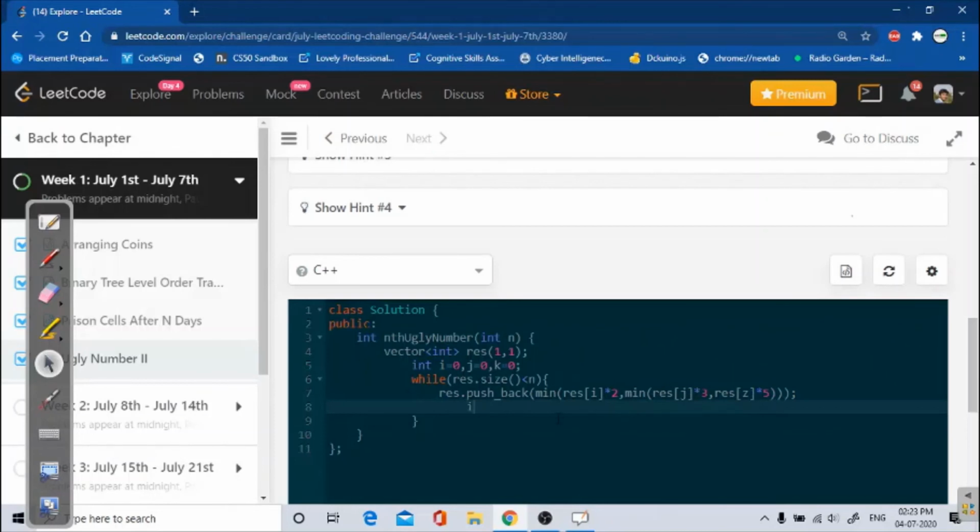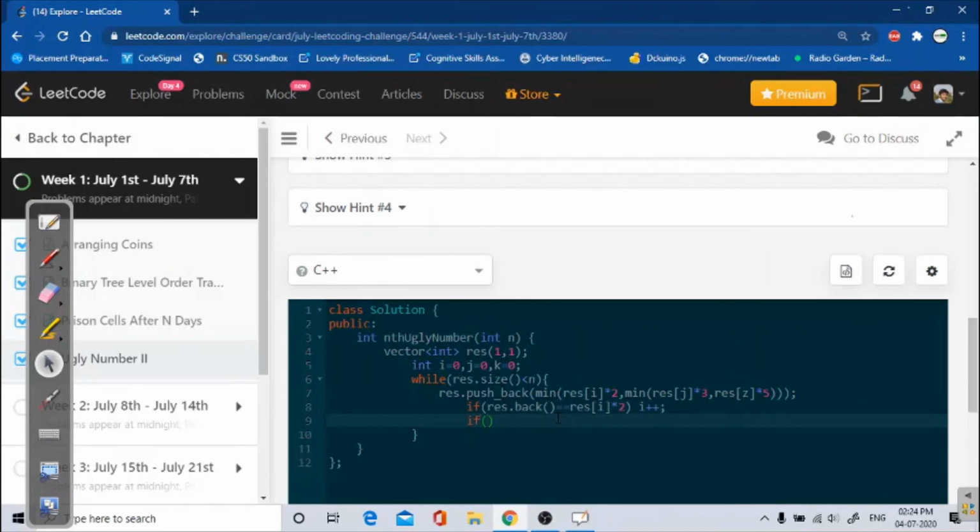So for that I'll check if result.back is equal to result of i into 2, I will increase i plus plus, only the ith index, and j and k will remain the same.